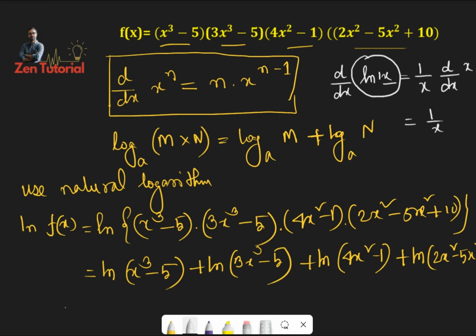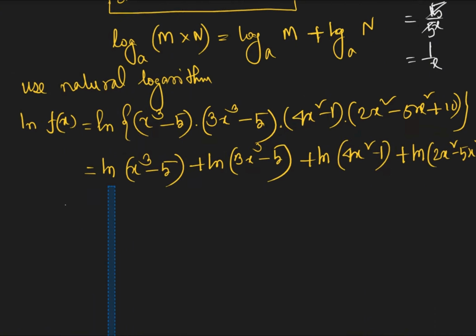If we write ln of 5x, it will be 1 by 5x, and we differentiate this 5x, which gives 5, and this 5 cancels out, so we get 1 by x. We need to use this formula as well in this math, that's why we go through this term.